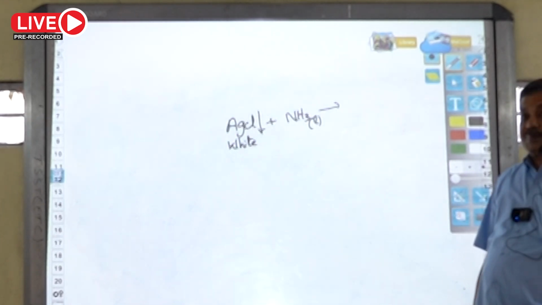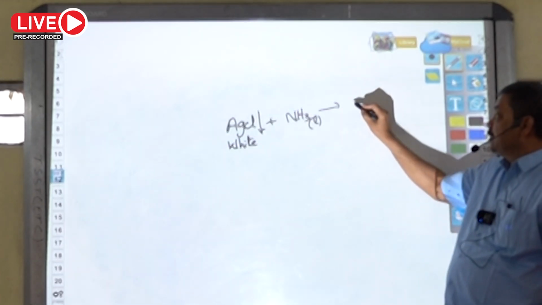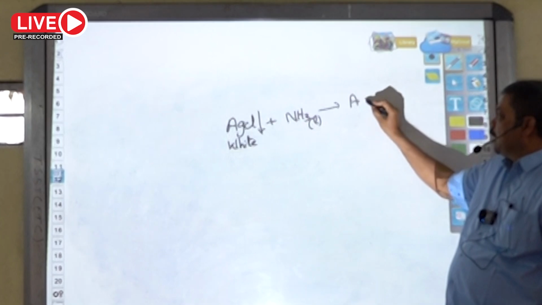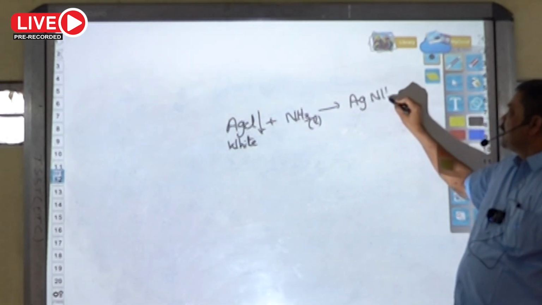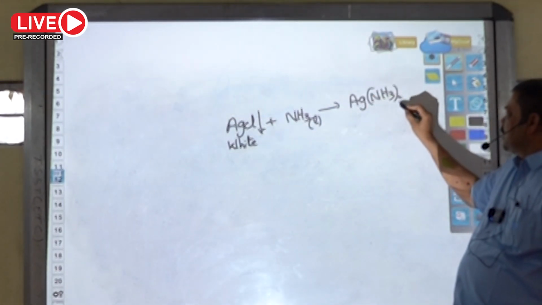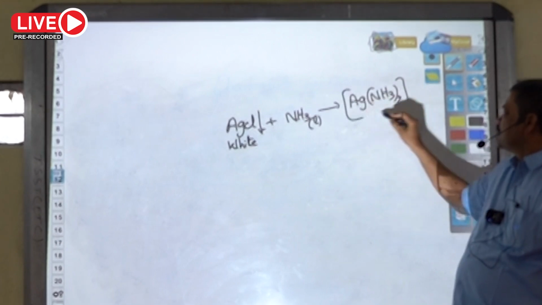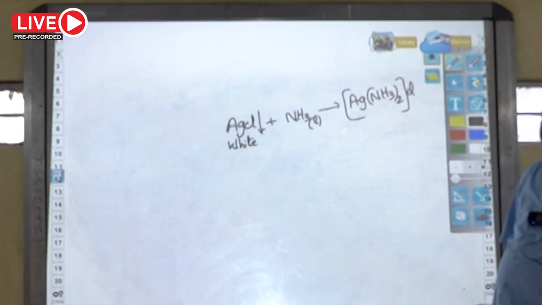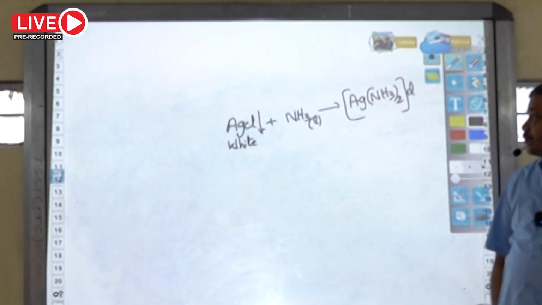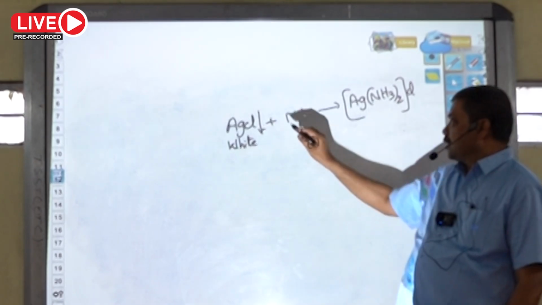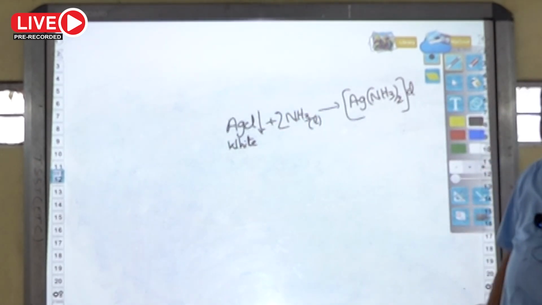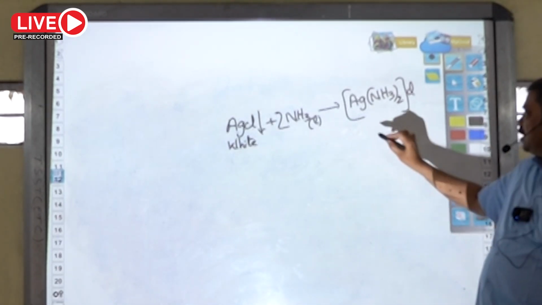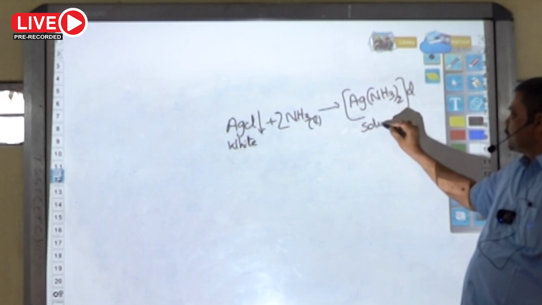When silver chloride precipitate is treated with liquid ammonia, you get a soluble compound, [Ag(NH3)2]Cl. Write 2NH3 here. It is soluble.